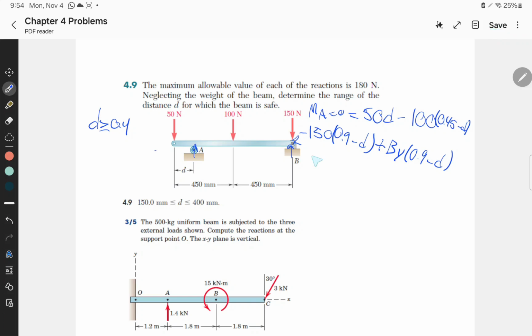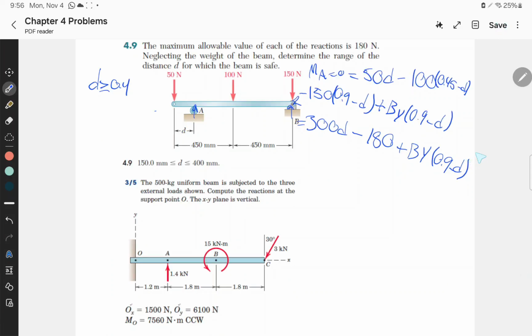And if we combine this all together, it should give us 300D minus 180 plus By times (0.9 minus D). If y'all didn't get that, I just expanded these and then combined like terms. It's gonna be equal to 0.